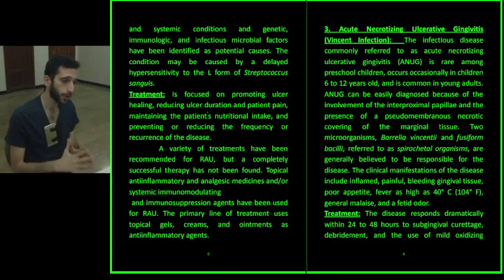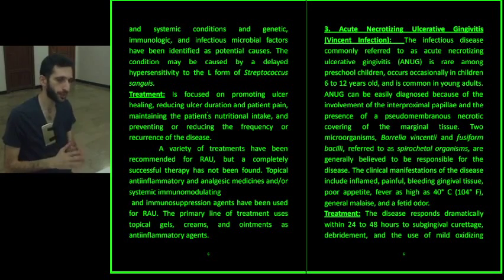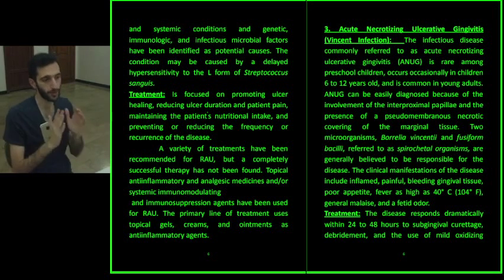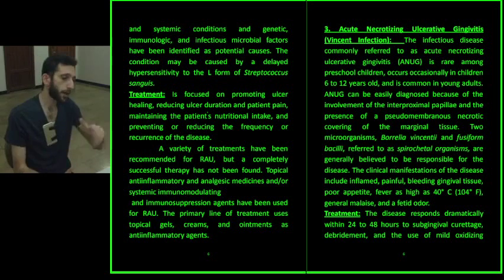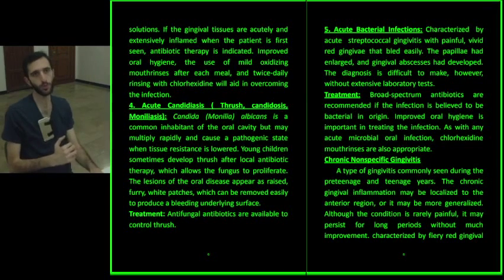How to treat acute necrotizing ulcerative gingivitis: when the disease is treated with subgingival curettage, it responds dramatically within 24 to 48 hours of the initiation of treatment. Debridement is also done within this period of time, along with the use of mild oxidizing solutions.